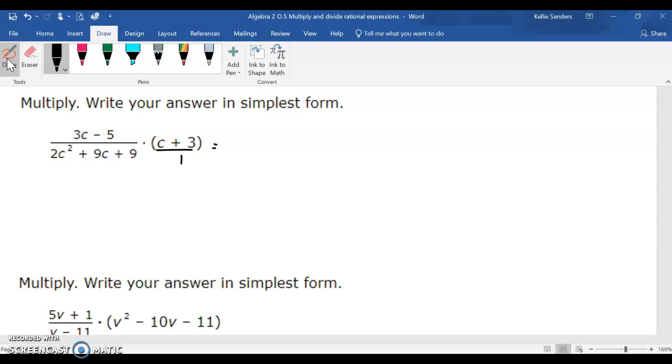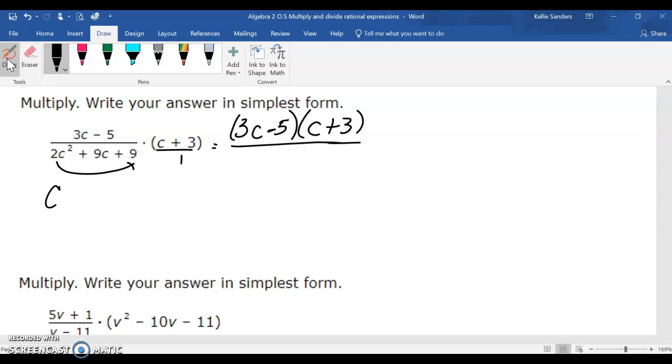Maybe things can simplify before we do all of that nasty multiplication. So I am just going to remind myself that I need to multiply the tops together. But before I do that, I want to make sure that nothing will reduce out first, because reducing is a whole lot better before you multiply bigger numbers.